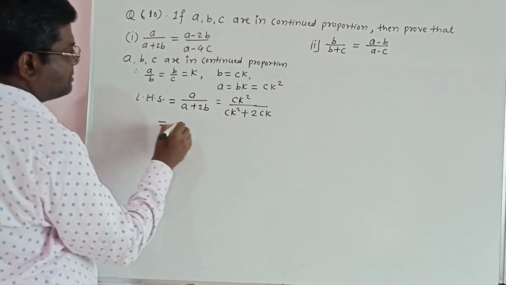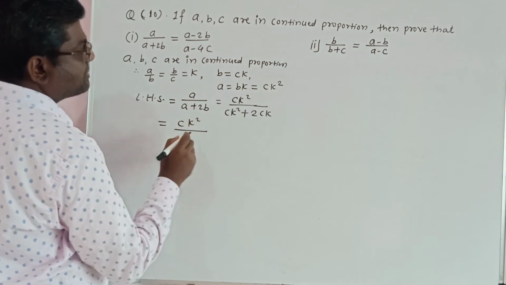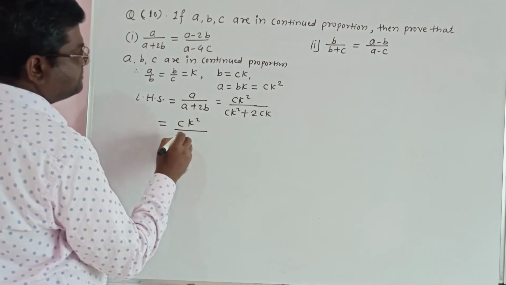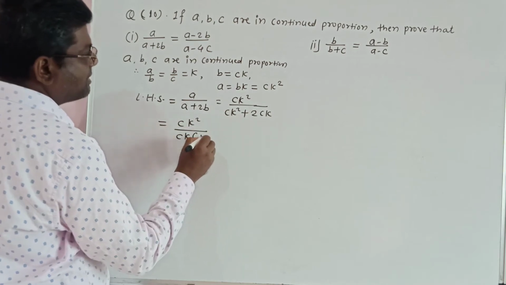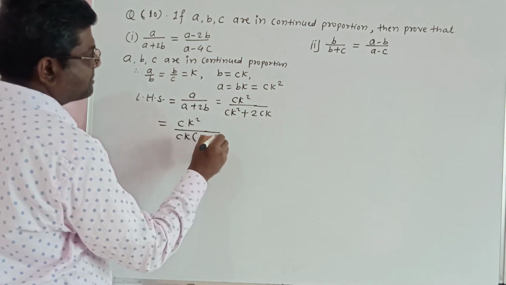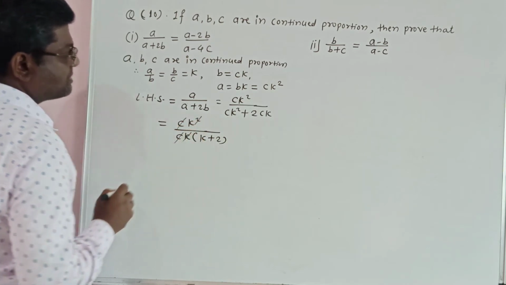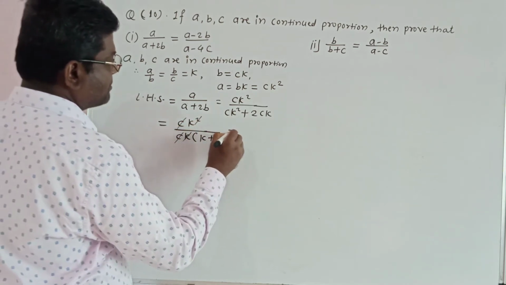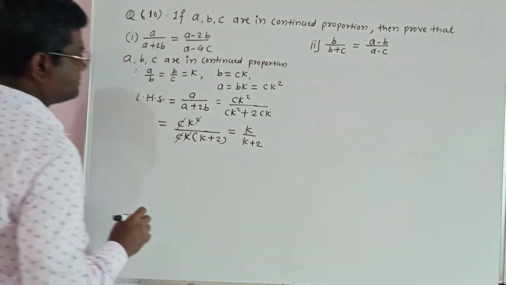So it is Ck² upon, here we can take Ck common in bracket, what will remain here is k + 2. Now C cancels, k cancels, is equal to k/(k + 2).